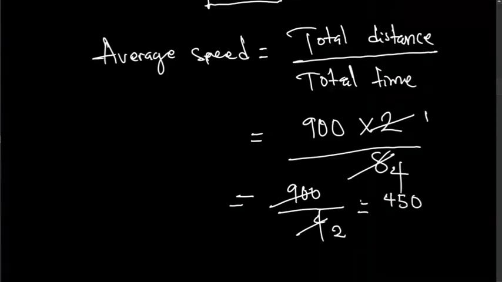So I'm left with 450 here, right? And we're left with 2 here. So 450 over 2. So 450 divided by 2, what are we going to get?